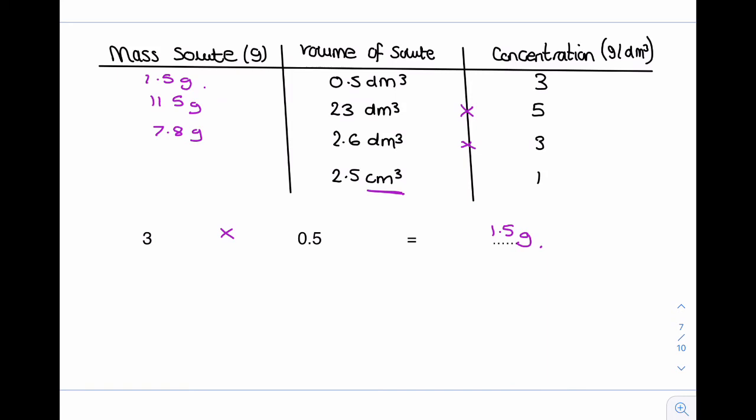And finally, this one, I'm just going to do the working out here, 2.5 centimetre cubed, divided by 1,000, would give you an answer of 0.0025, and that's in decimetre cubed. And then you multiply the numbers together. So you multiply this by 1, which gives you 0.0025 grams.